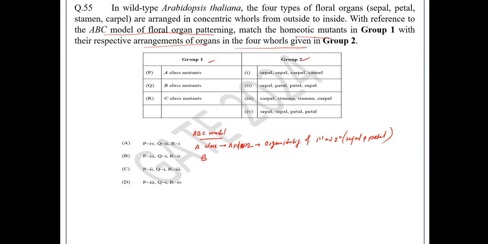Now the B class encodes Apetala 3, that is AP3, and PI, Pistillata, and this specifies the organ identity of the second and third whorl, that is petal and stamen.